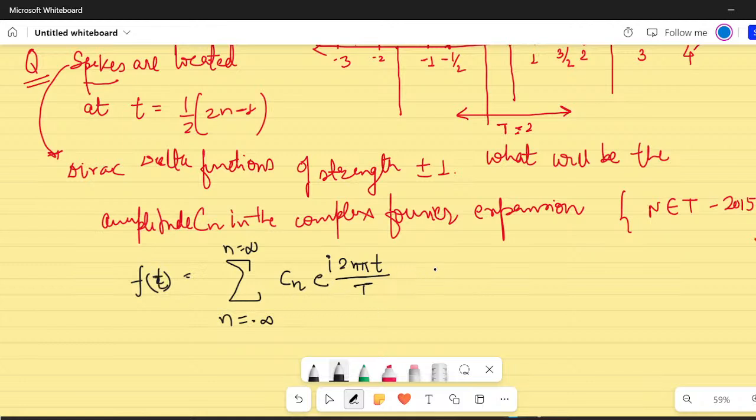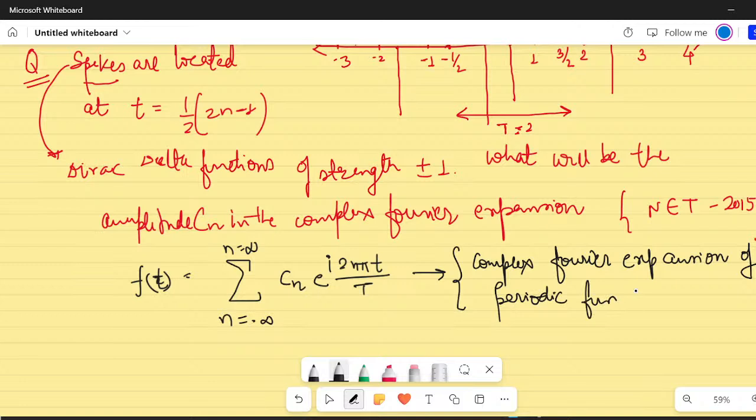So this is how you write your complex Fourier expansion of periodic functions.